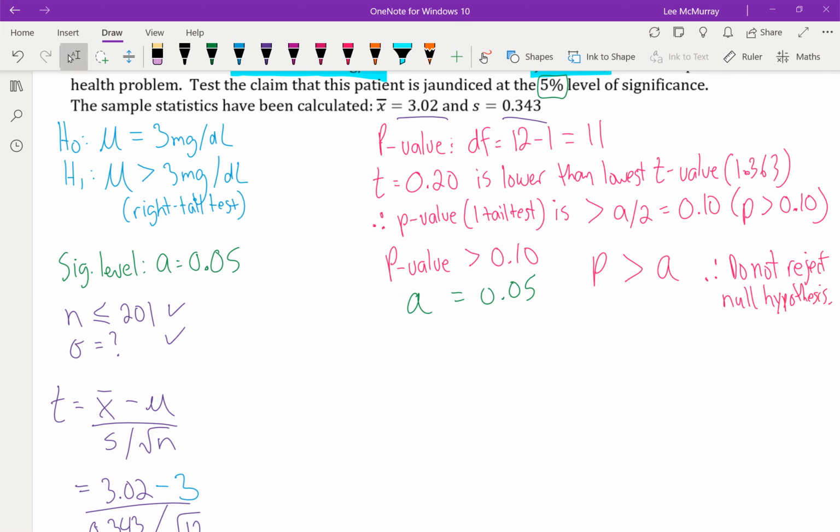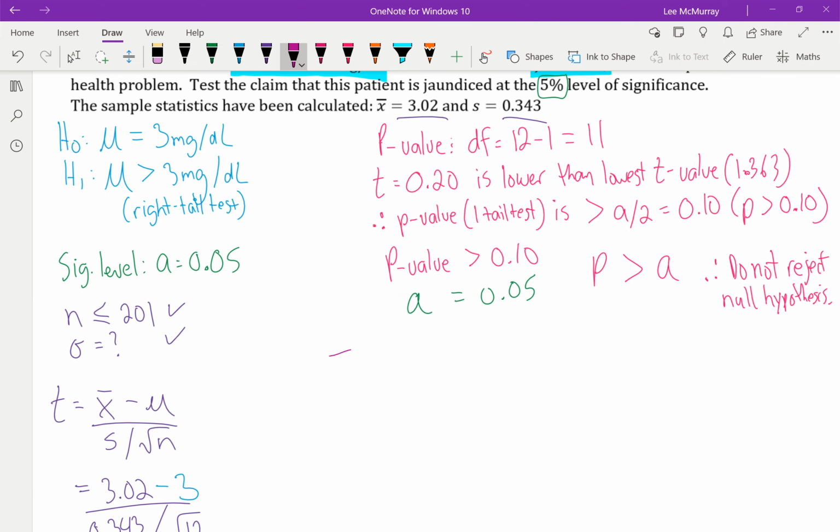Okay, so what does that mean? Let's put a final statement here. Now that we know we're not going to reject the null hypothesis, we can't reject the claim that it is 3 milligrams per deciliter. There's not sufficient evidence.